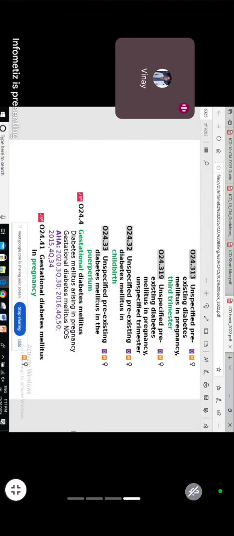O24.4 is gestational diabetes mellitus, which means pregnancy-induced diabetes mellitus.